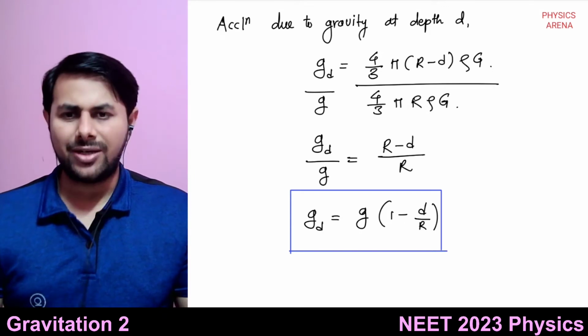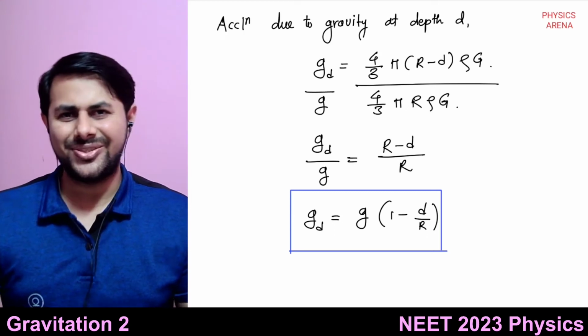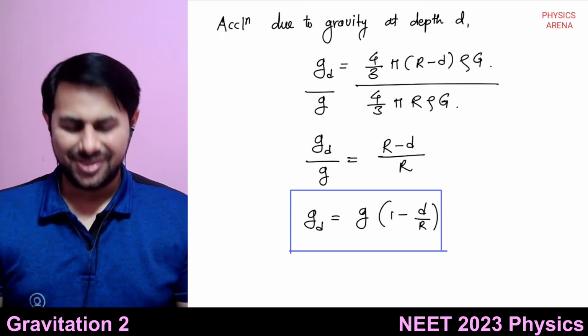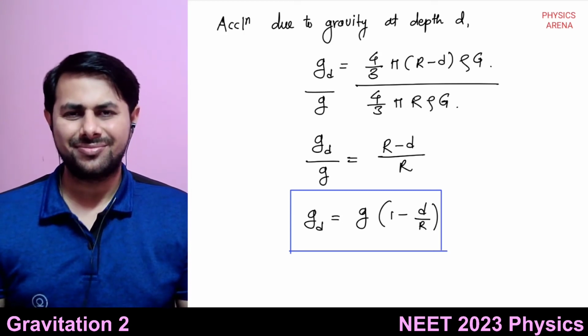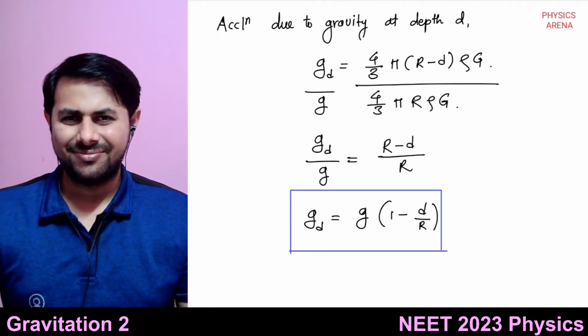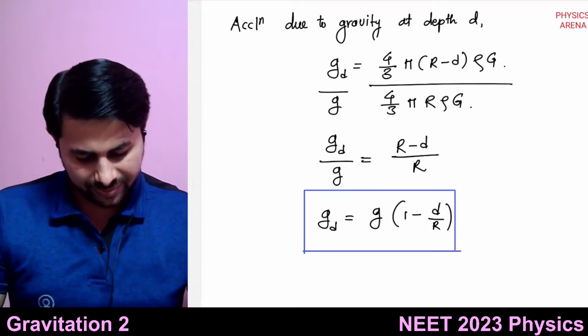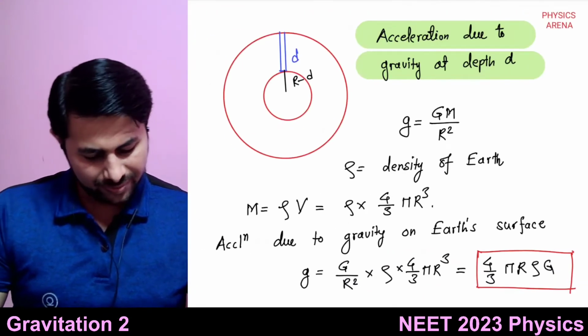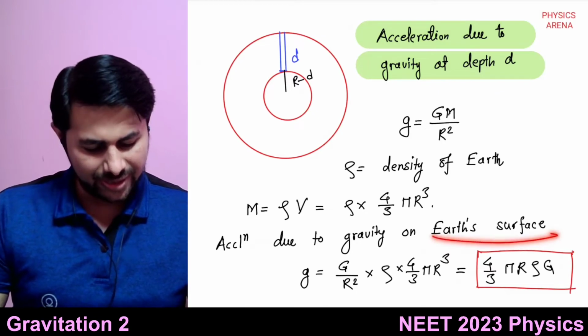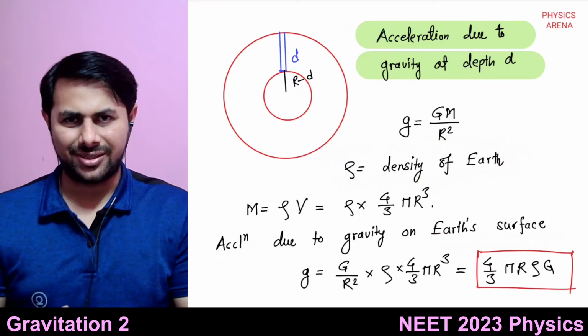And where is this formula valid? Here we didn't use any series expansion, so we didn't do any approximation. This is valid everywhere. The only approximation that we did is that Earth's density is constant, and we are calling it the mean density.